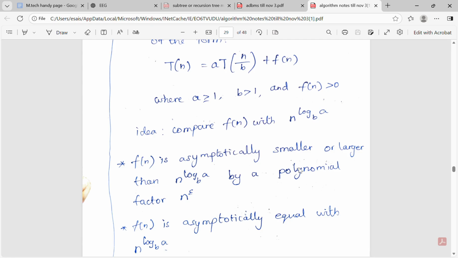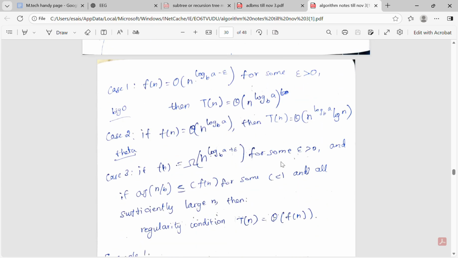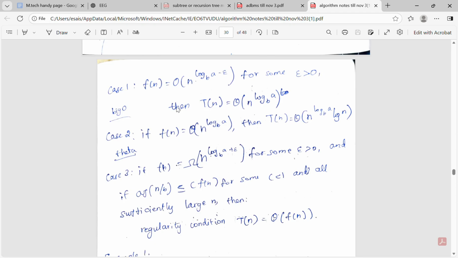After comparison, if both are equal, like f(n) is equal to n^(log_b a), then we'll say T(n) is equal to theta of n^(log_b a) log n. If f(n) is less than n^(log_b a), then f(n) is theta of n^(log_b a - epsilon) for epsilon greater than 0, so T(n) is equal to theta of n^(log_b a).